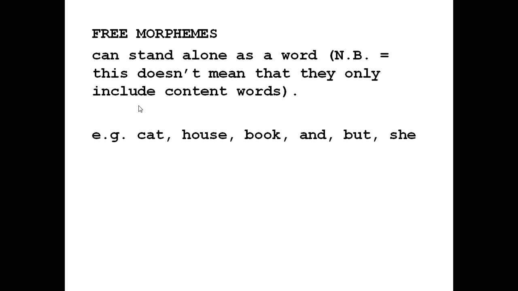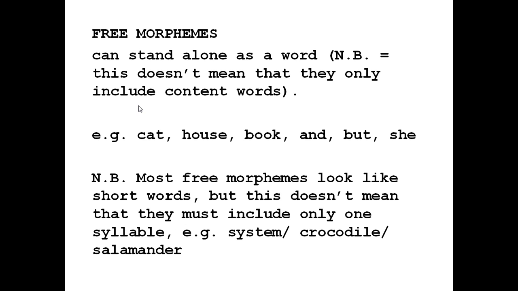These are examples. As you see, there are three lexical words: cat, house, book, and three grammatical words: and, but, she. Now, you will have noticed that the above, cat, house, book, and, but, she, are all one-syllable words. The problem is that in some cases, morphemes and syllables are not the same thing.